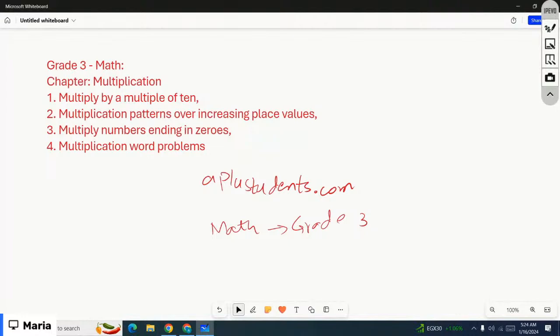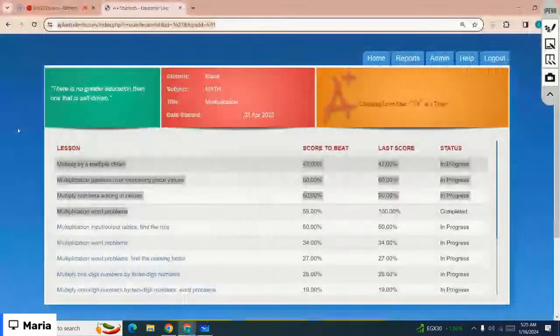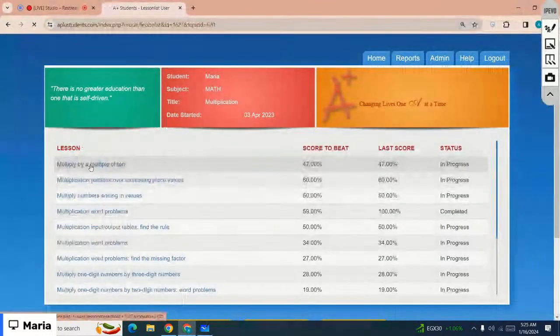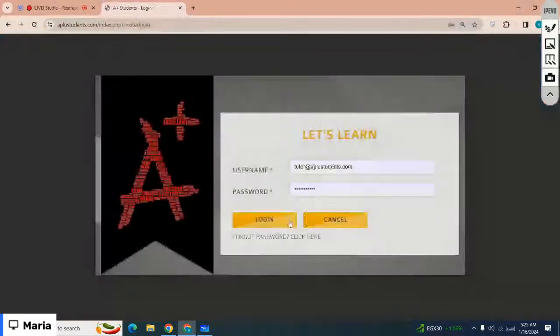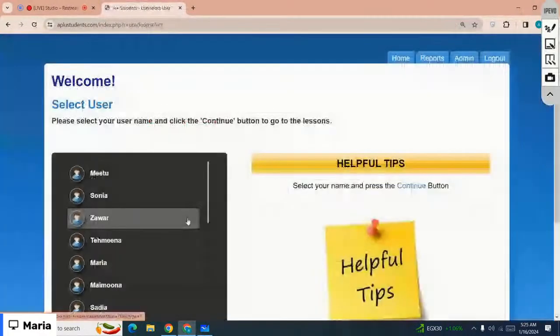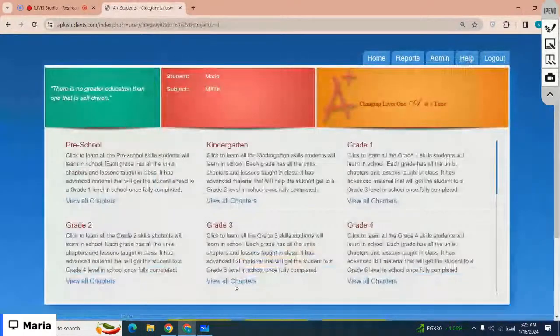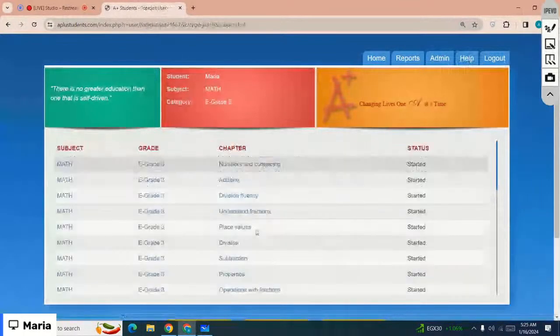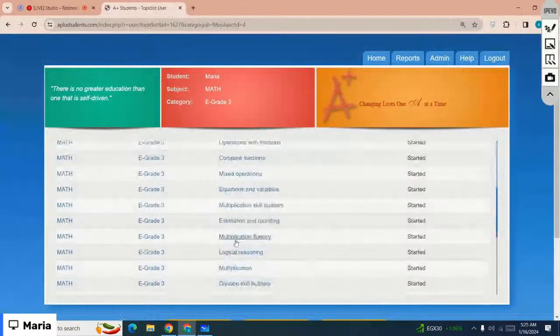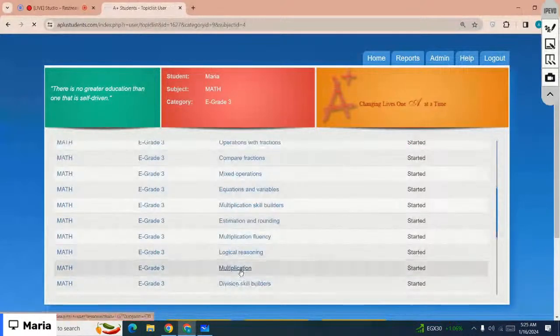Let's start with the first lesson, multiply by a multiple of 10. We're going to learn how to multiply any number by 10.